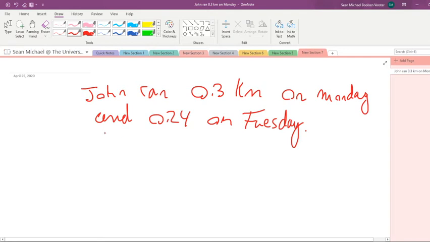Okay, so let's just take 0.3, and then we're comparing it to 0.24. Now, what is the first thing we look at?